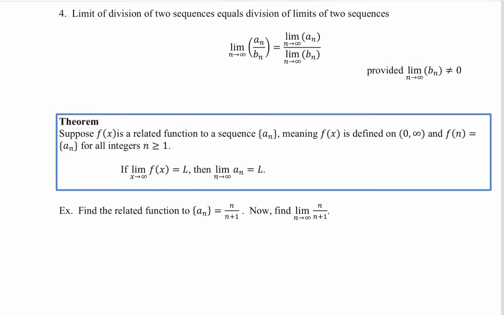So what this theorem is saying is essentially, if you want to think about the limit of that related function, then the limit of the sequence would be the same thing. So if you have the function defined, let's say for all the positive reals, then if we just focus on the limit of the sequence where the inputs are just the natural numbers, then the limit of the sequence will behave like the limit of the function.